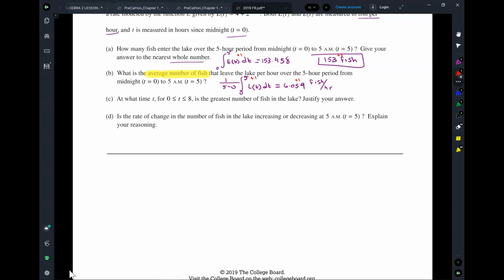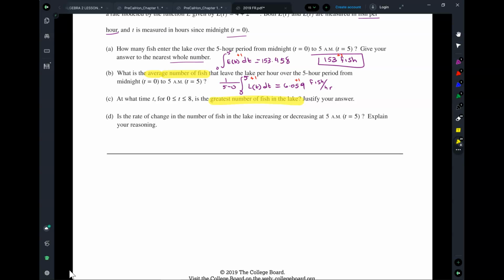At what time t from 0 to 8 is the greatest number of fish in the lake? Let's talk about this one. We have the rate that fish are coming in. We have the rate that fish are coming out. How do you figure out how much is in the lake at a time?